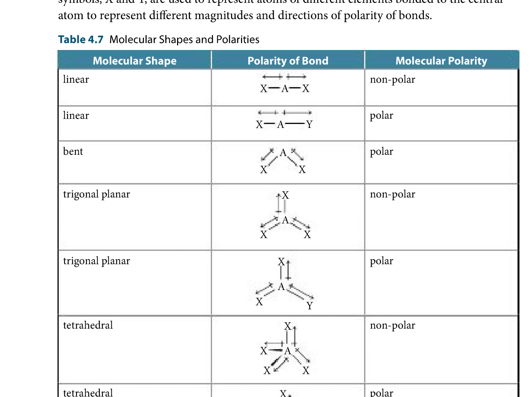They're both X's. But if I keep that linear shape, but I change one of those X's to a Y, and now Y is more electronegative because it's pulling the electron away from A, but this is a longer arrow, Y pulls the electrons away harder than the X does. And now I know directionally we are balanced. The left arrow would cancel out the right arrow.